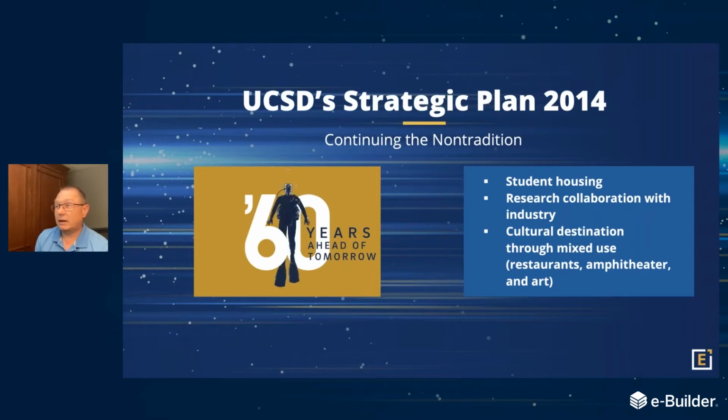The goal was to add close to 11,000 beds over the course of those few years. Research collaboration with industry. We have a lot of local partners, research, biotech, that work directly with us on campus. So that starts to impact our buildings and how they work to have shared space.